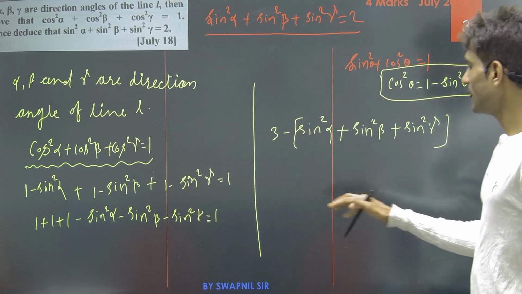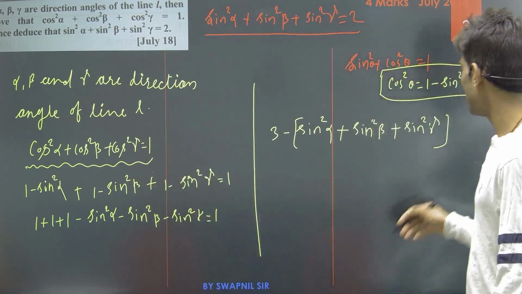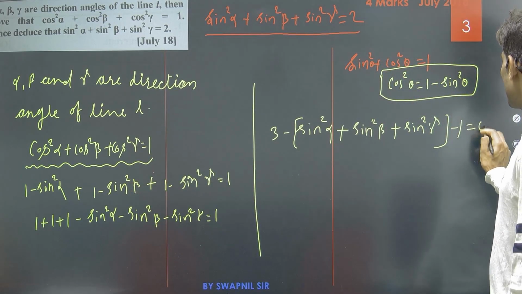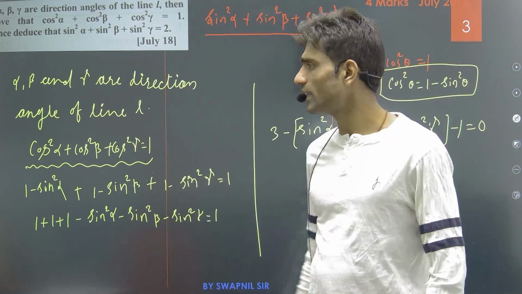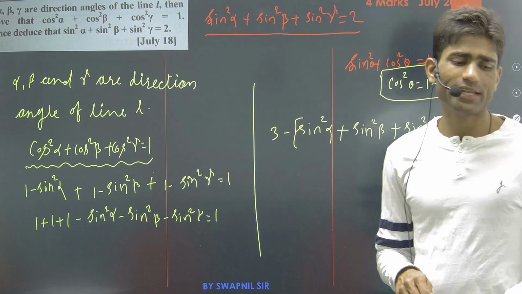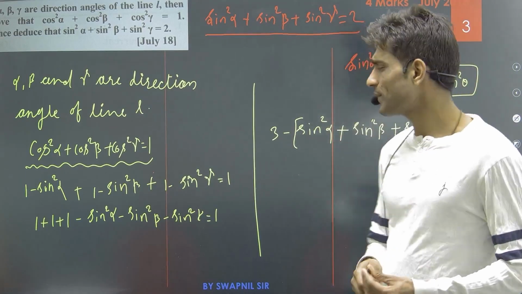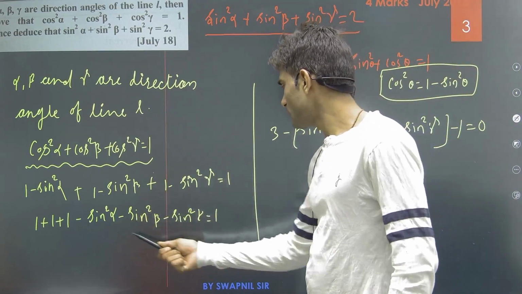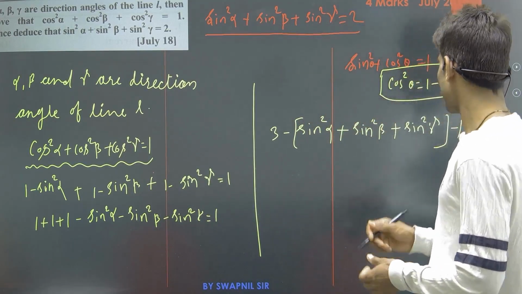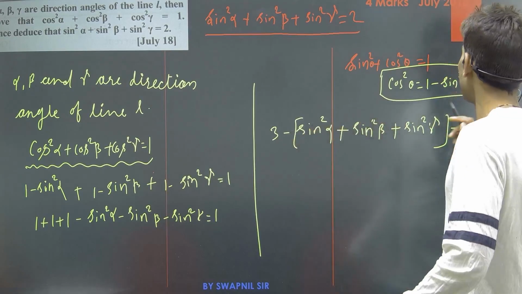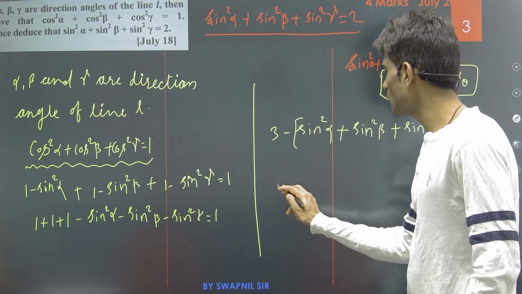Take that positive one to the other side, we get negative, which is equal to 0. What I have done here is taken that positive 1 to the other side, where it becomes negative 1, and then taken the negative sign common from the entire sine square alpha, sine square beta and sine square gamma. We can see 3 minus 1 gives us the value 2.